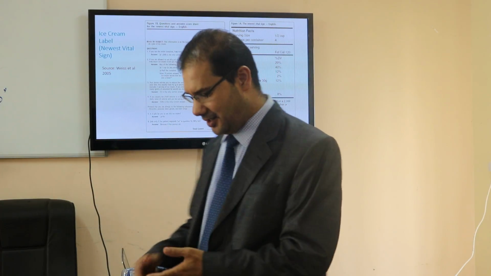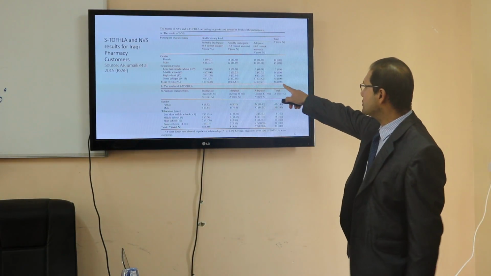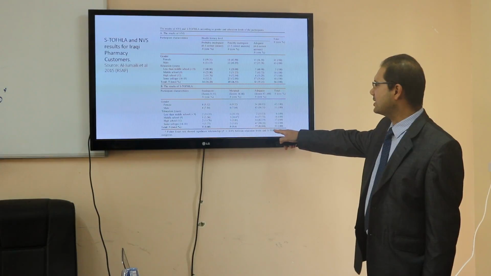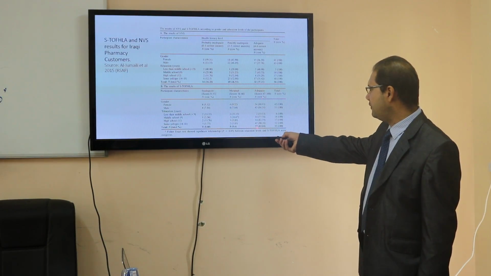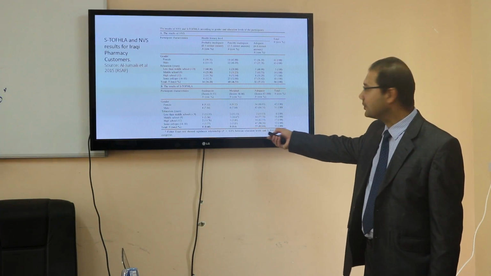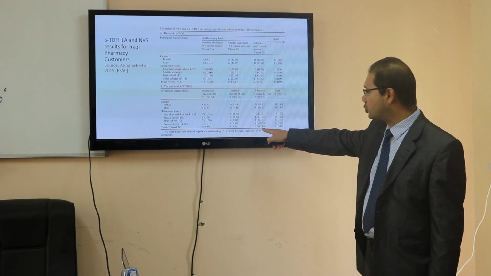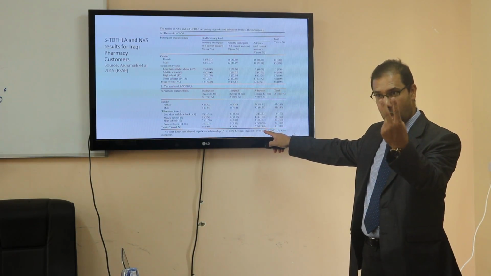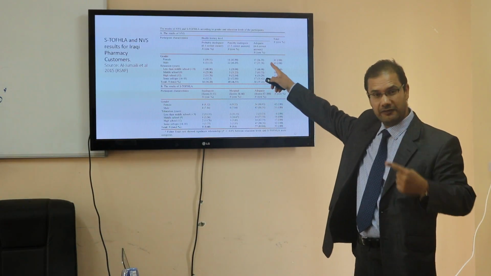So in my study, as you can see, these are the results of NVS. These are the results of Law. For the Law, 77% of participants have adequate health literacy. While for the NVS, here it's two thirds of participants who have adequate health literacy, and here only one third according to NVS.